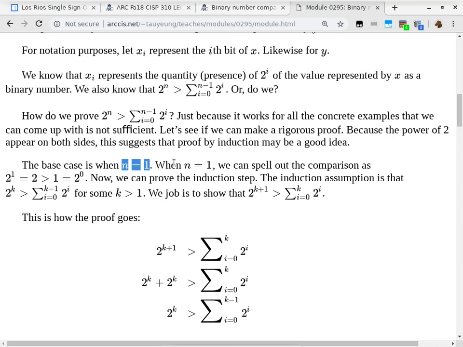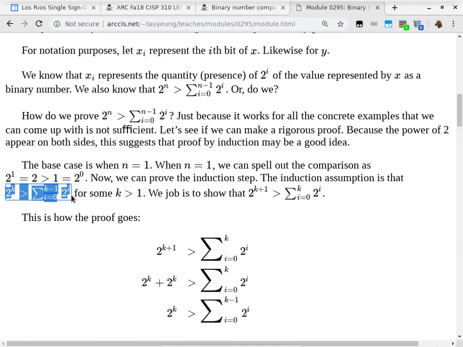Then we have the induction step. The induction step is interesting because it starts with an assumption. The assumption is the theorem is true for some specific value of n, and that's just assumed.